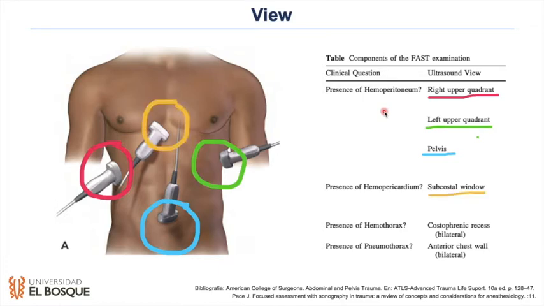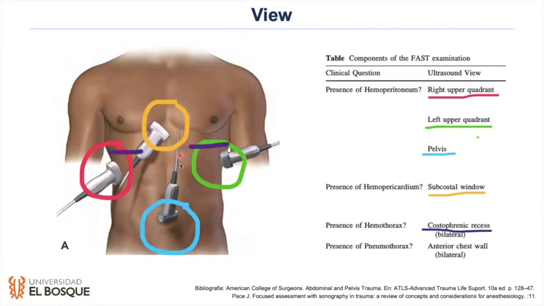But also, if you are looking, for example, for a hemopericardium, a cardiac tamponade, or maybe something in the heart, you're going to look at the subcostal window, or there is another way to name that, the epigastric region, or the subcostal four-chamber view.